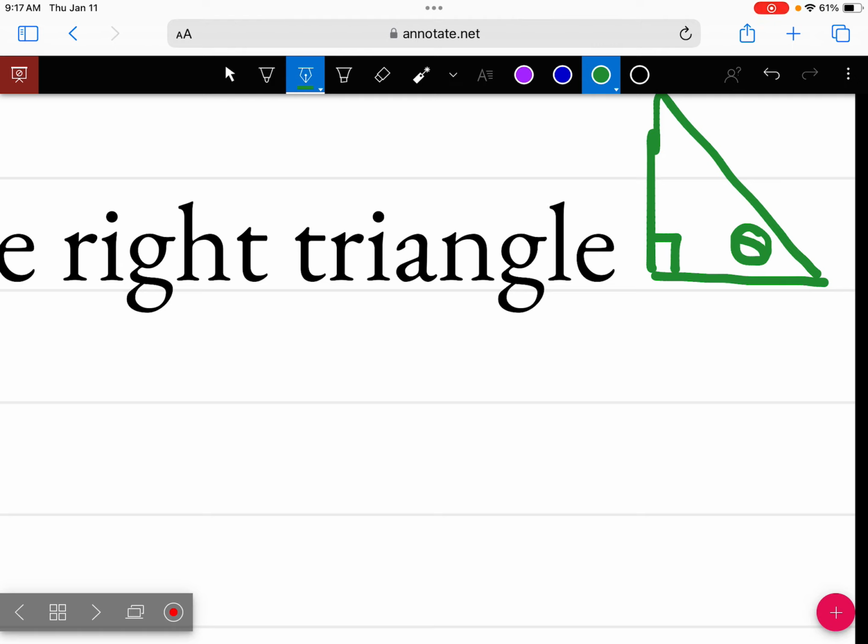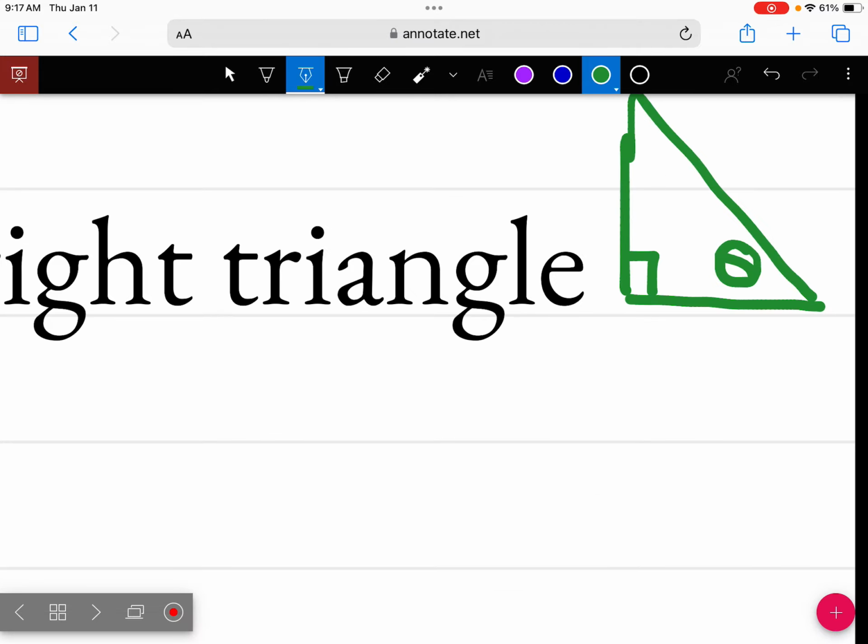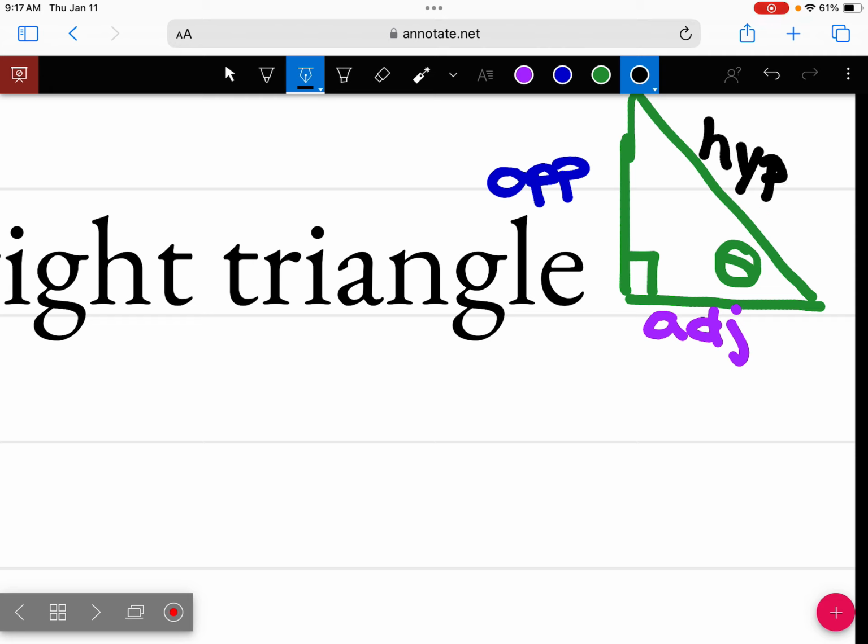It doesn't matter which one. It'll be labeled. I've picked this one because it makes absolutely no difference. But sine of theta, the way we calculate that is where we're thinking about our opposite side, our adjacent side, and our hypotenuse. Remember those ones? Is that vaguely familiar?